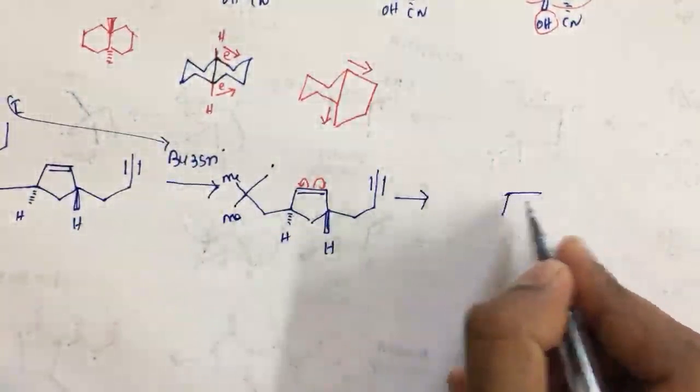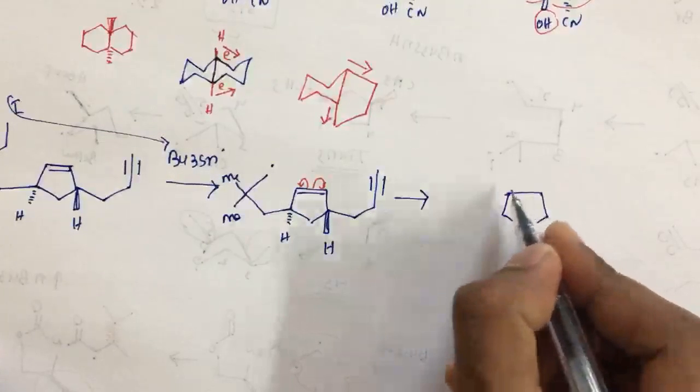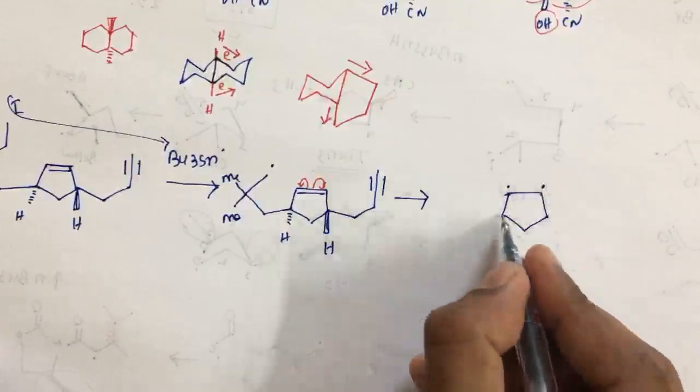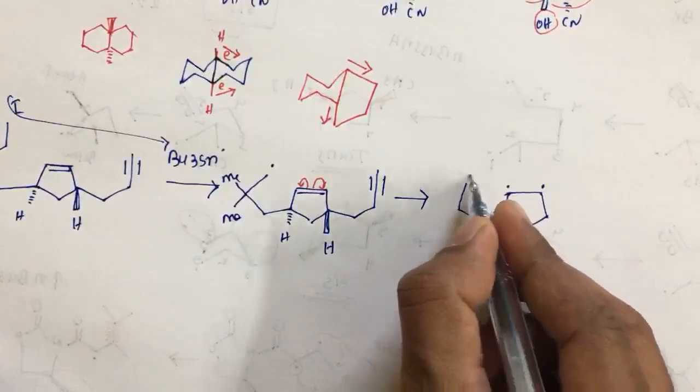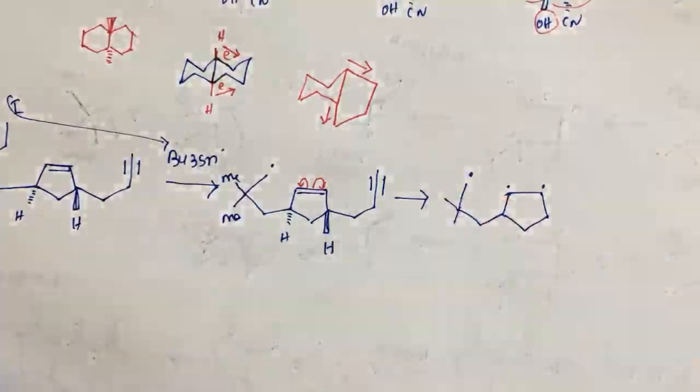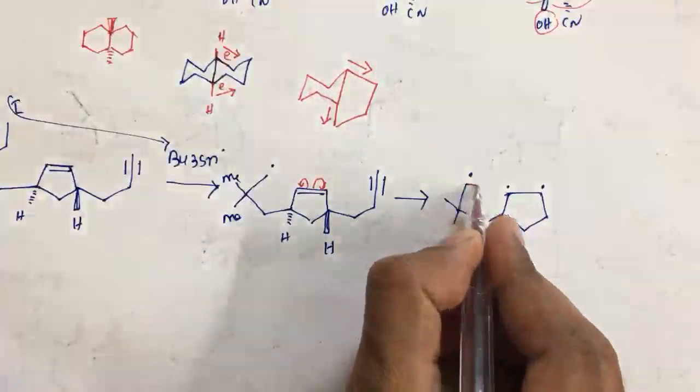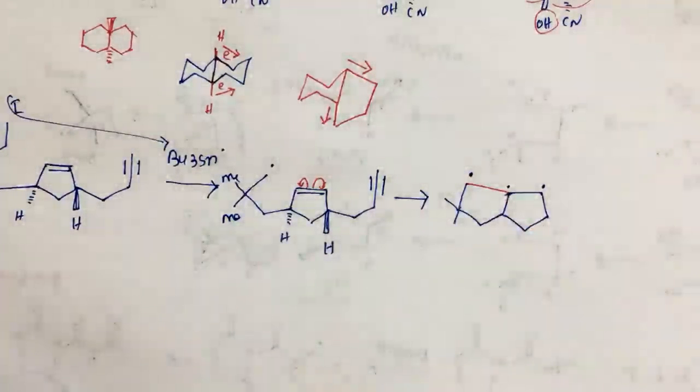And then here radical, here also radical comes, methyl, and these two fuse together, we have one 5-member ring here.